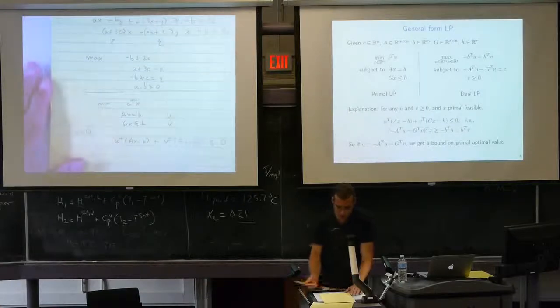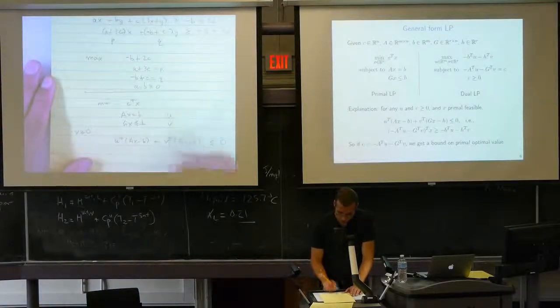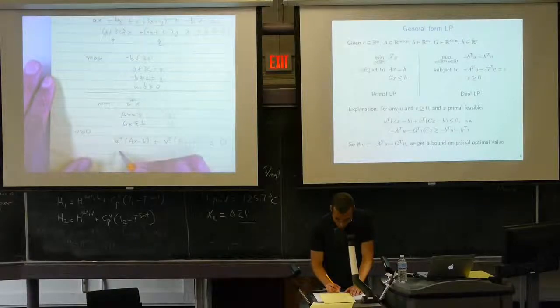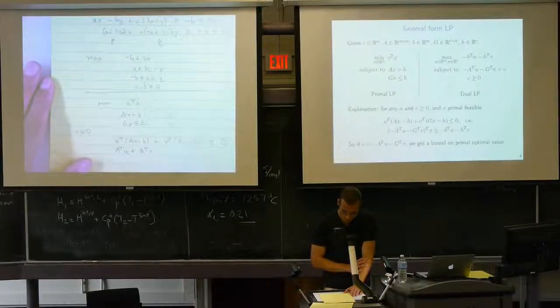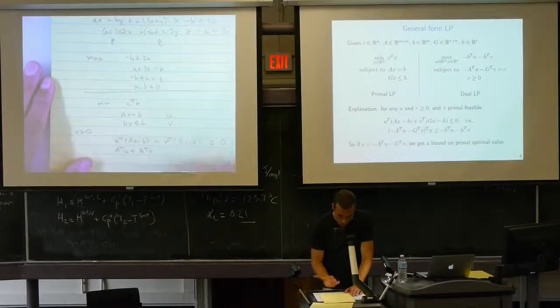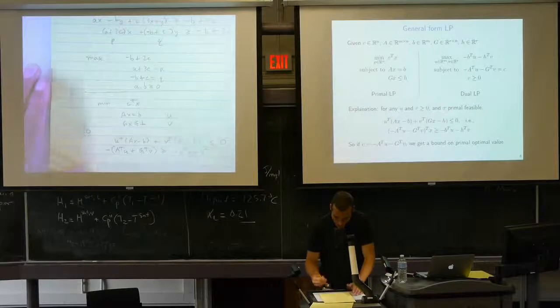And now I'm going to rearrange terms just like I was doing in the small two-dimensional LPs, and I'll get that the coefficient of x is A transpose u plus G transpose v, and I can move that over to the other side, so I'll put a negative there, and I'll get that that's bigger than or equal to minus b transpose u minus h transpose v.